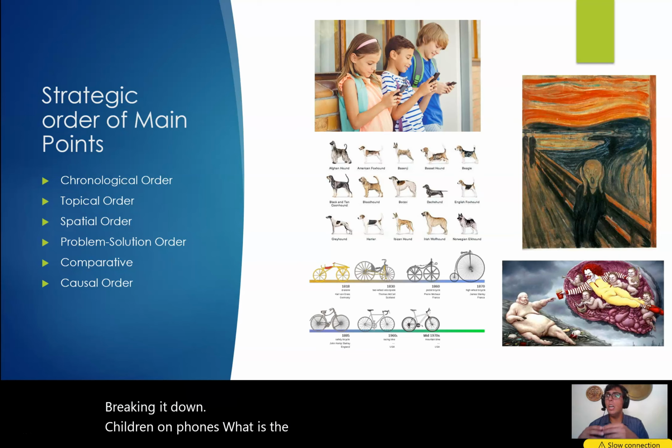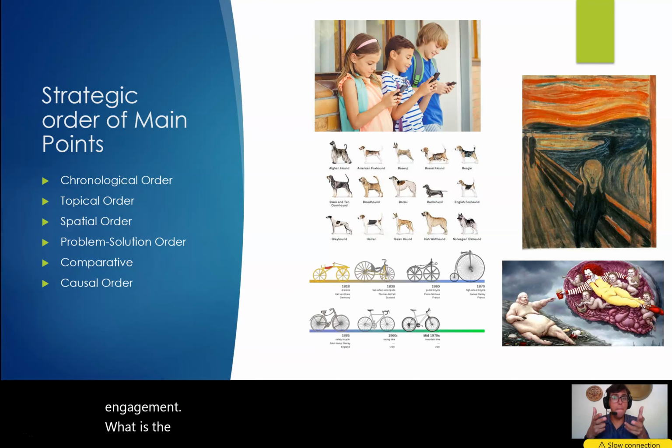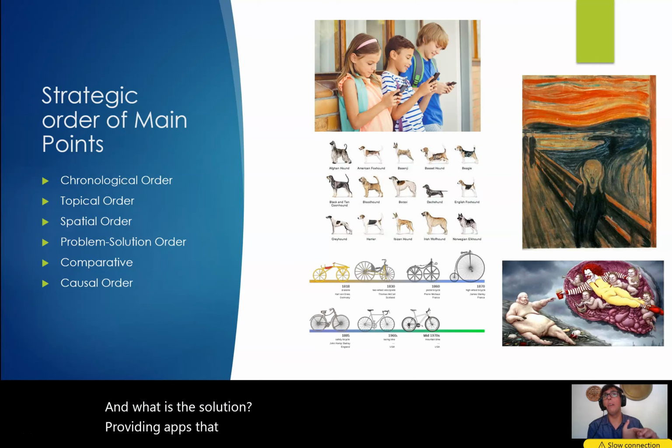Perhaps it could be a lack of social engagement. What is the cause? That it is incredibly convenient. And what is the solution? Providing apps that will minimize the amount of time that someone's going to be on their phone.